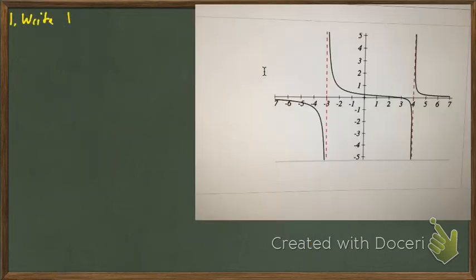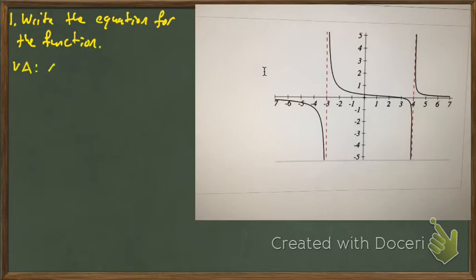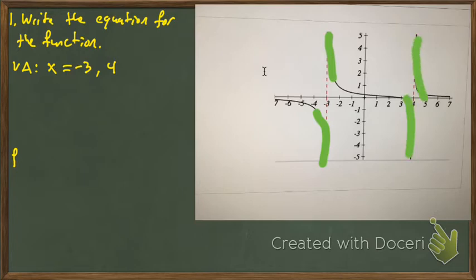Okay, so here is our rational function, there's the graph of it, and we're going to come up with an equation that represents it. We'll look at our vertical asymptotes, our x-intercepts, and the behavior there. For my vertical asymptotes, I have one at -3 and also at 4. Notice that one branch goes down, one goes up, one goes down, one goes up.